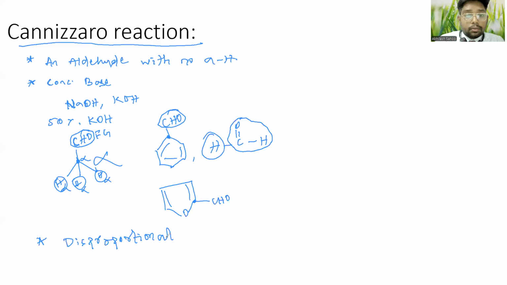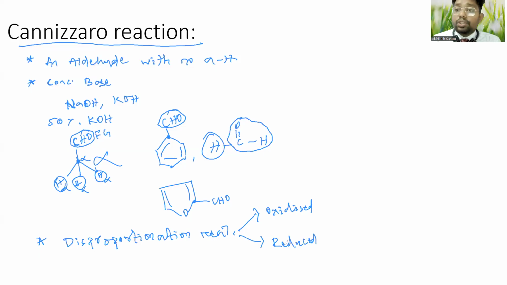Disproportionation reaction means one reactant simultaneously is oxidized as well as reduced, or in short, you can consider it a redox reaction.